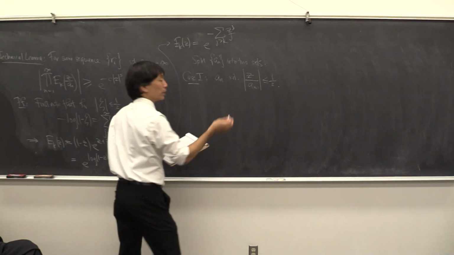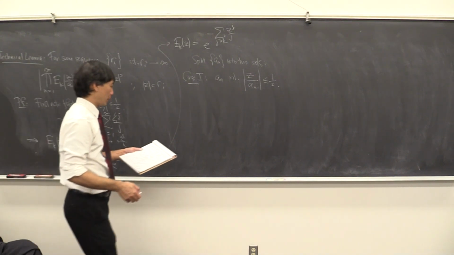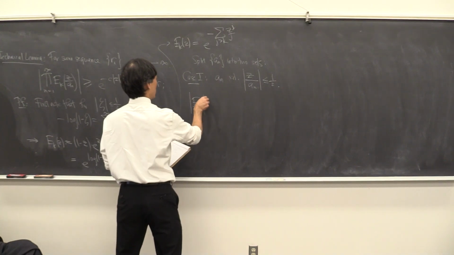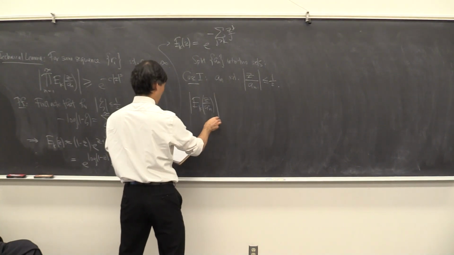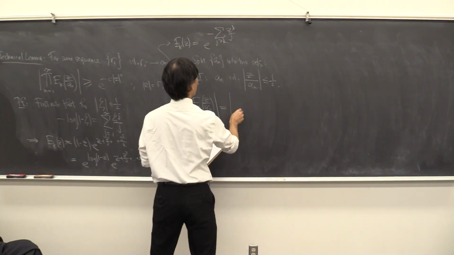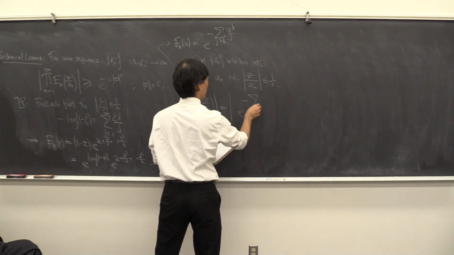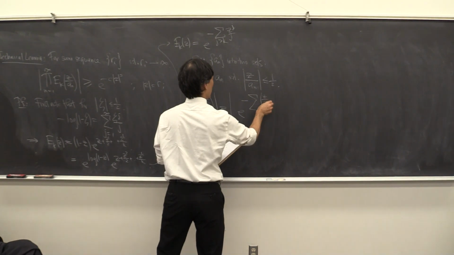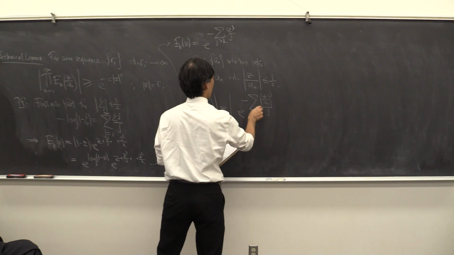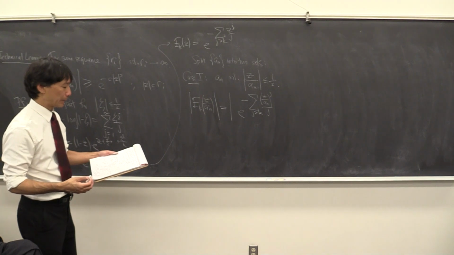So for the large a sub n's. Then we want to control this thing, E sub k of z over a sub n. By definition, as we just said, that's going to be e to the negative summation of z over a sub n to the j over j as j goes from k plus 1 to infinity.